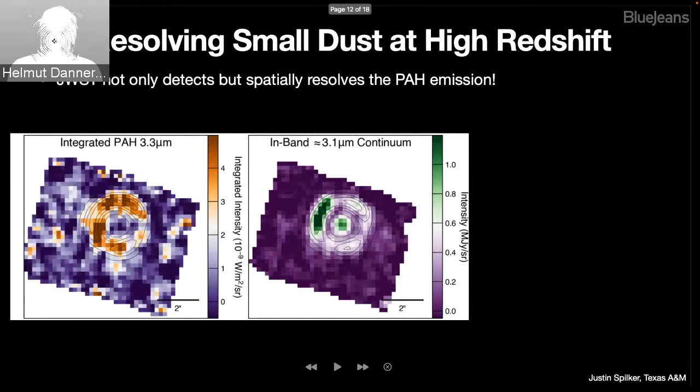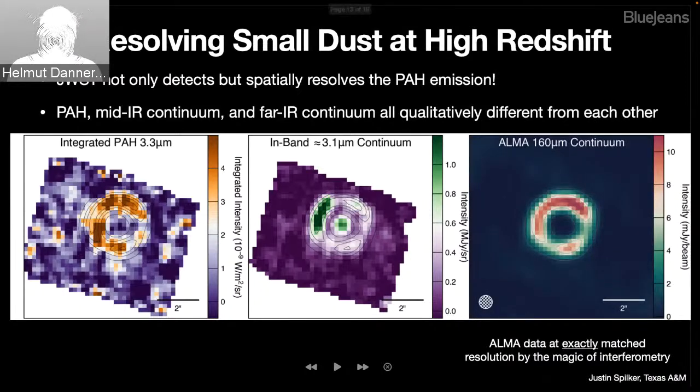And so here's our PAH map. You can see that it looks pretty different compared to the distribution of flux that we see in the continuum. We see these 4 bright knots of emission, which is kind of what you expect given the lensing configuration, but they're not at the same positions. We see a different distribution of the flux between the PAH and the continuum emission.